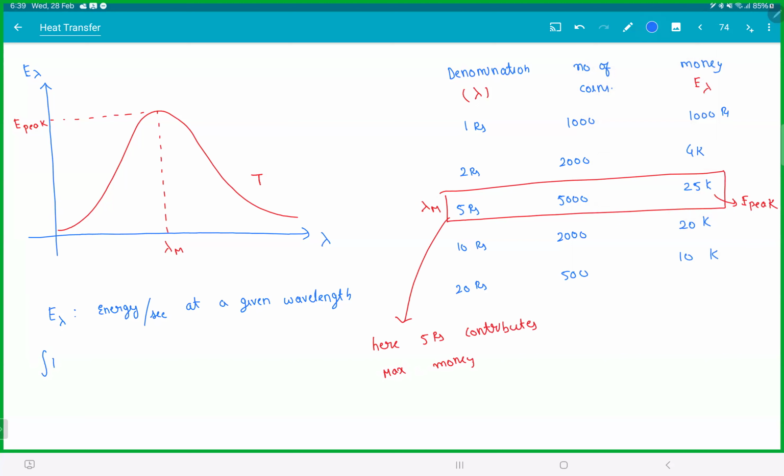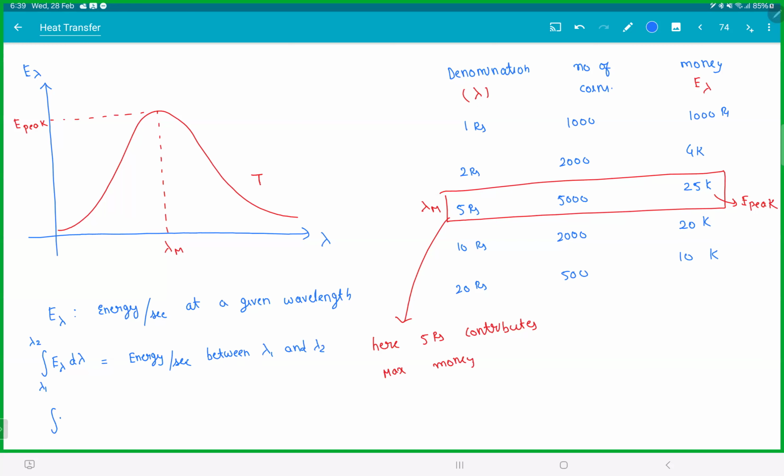If you take the integral of E lambda d lambda from lambda 1 to lambda 2, this gives you the energy of all the photons between wavelengths lambda 1 and lambda 2.